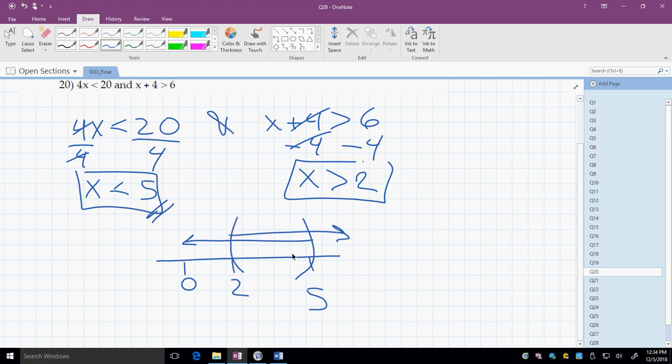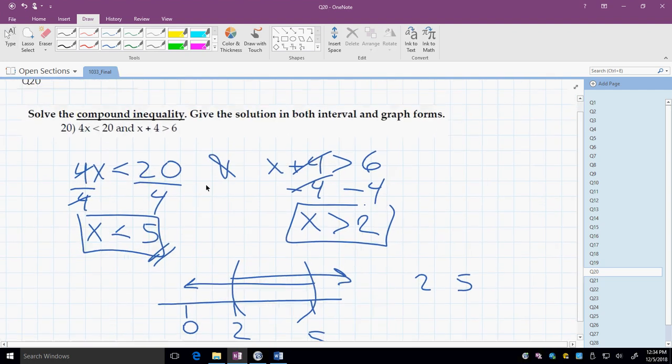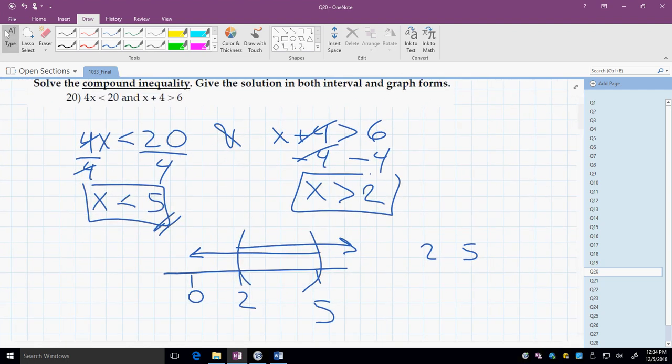Our solution is the overlapping section, which is from 2 to 5. So that's the graph. For interval notation, we use parentheses.